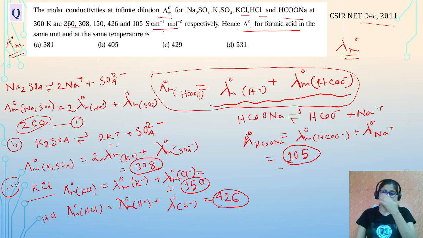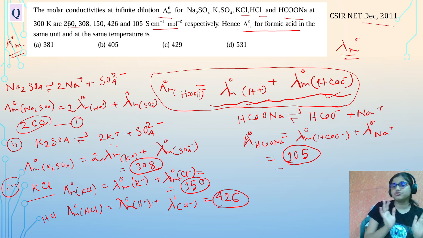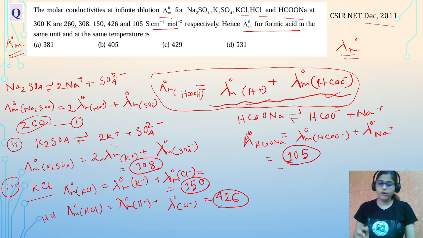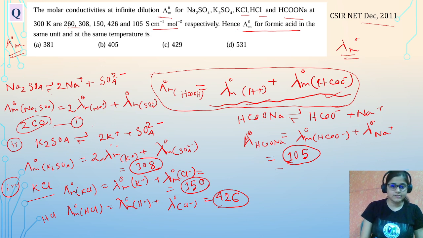Now we have to find out, by summing a few values or subtracting a few values, the H plus and HCOO minus values. So let's see in which equations H plus and HCOO minus appear.